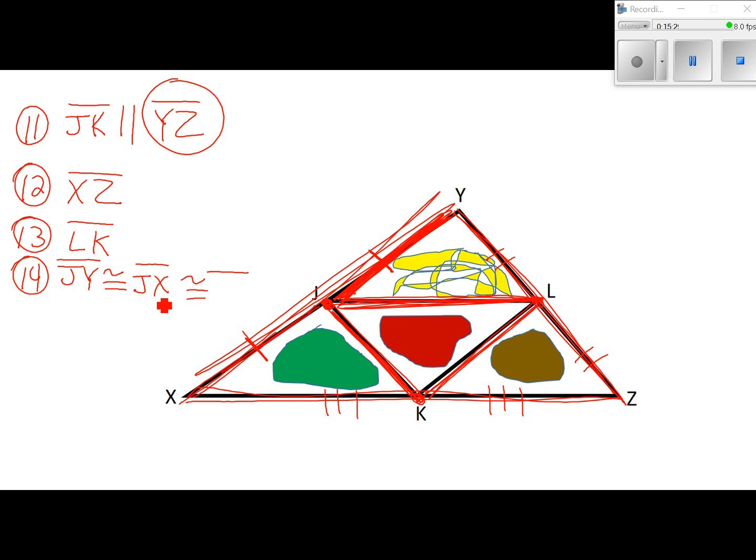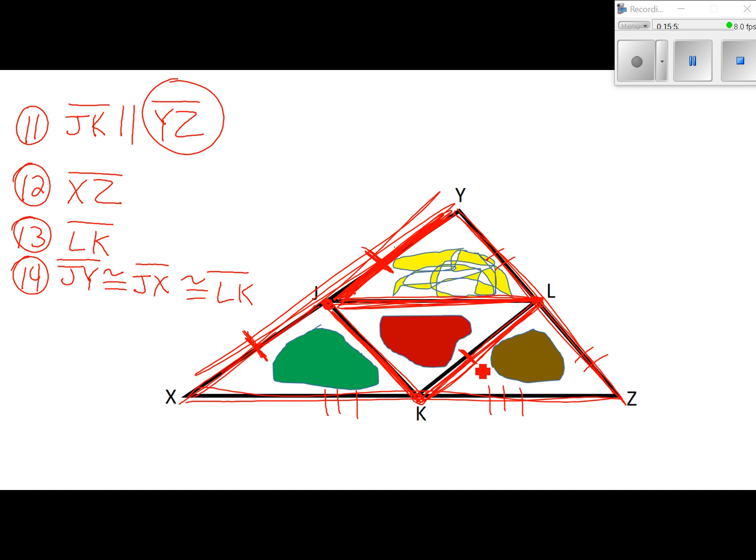So segment JX is one of our answers. And then since these two are congruent, and this is the mid segment that goes along with that side, we also know that both of those segments are congruent to segment LK. So not only are these two congruent, but it's also congruent to that one right there.